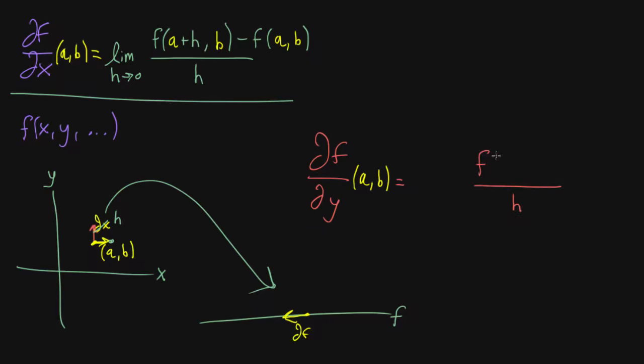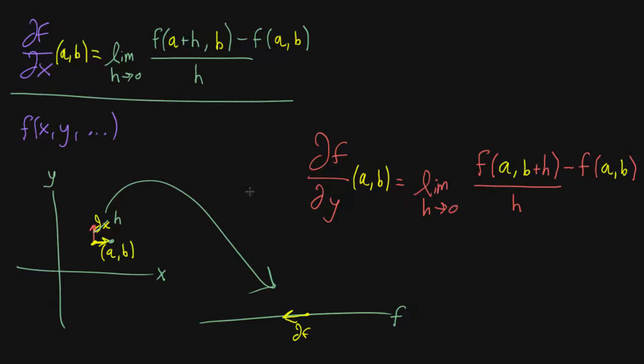This time you say f, the new value is still going to be at a, but the change happens for that second variable. It's going to be that b plus h. So you're adding that nudge to the y value. And as before, you subtract off the difference between that and how you evaluate it at the original point. And again, the whole reason I moved this over and gave myself some room is because we're taking the limit as this h goes to 0.